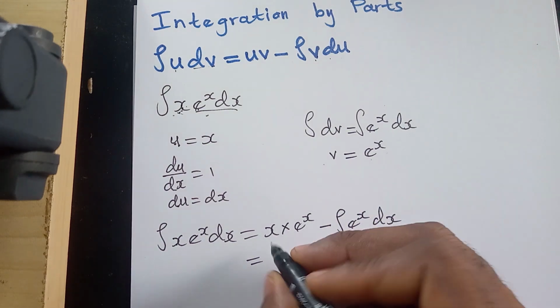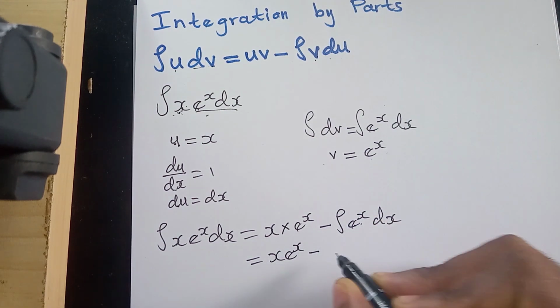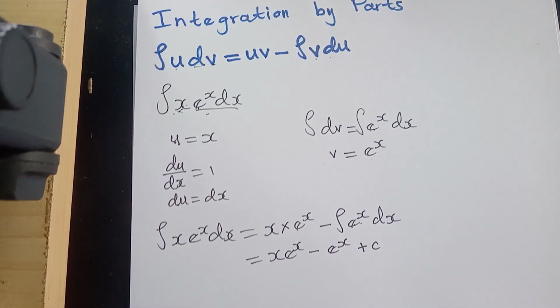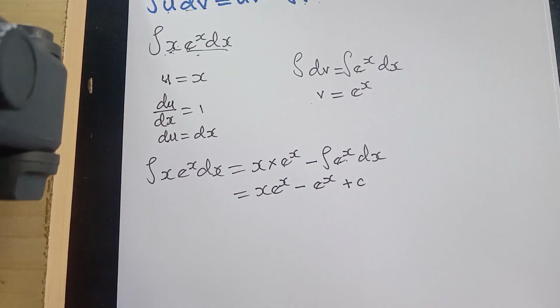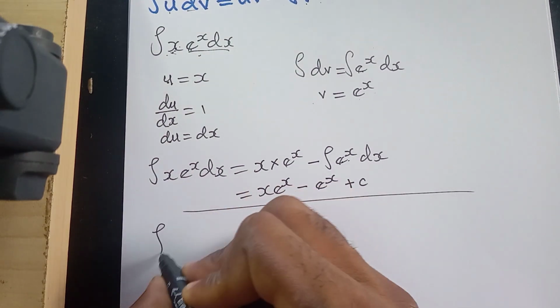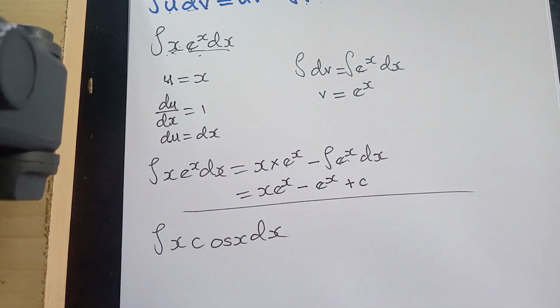So now it's just a matter of simplifying. When you integrate this, you get the same thing, and of course at this point you need the c. So it's this easy.